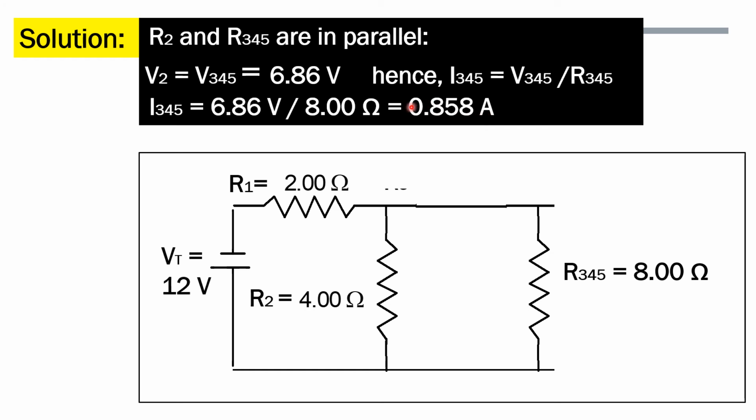This is the current that flows through this combination of resistances R345. That's all that we can have here. For the next resistor, which is R3, we will see the computation for I sub 3 and V sub 3 in the next slide.